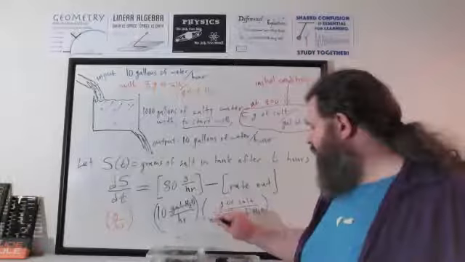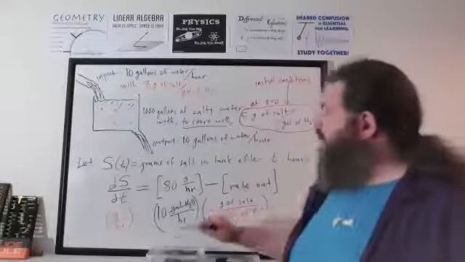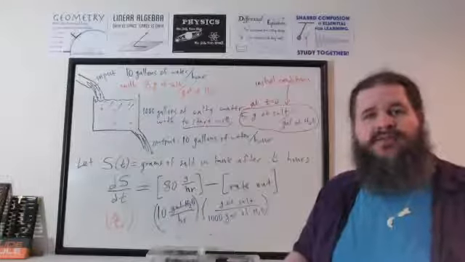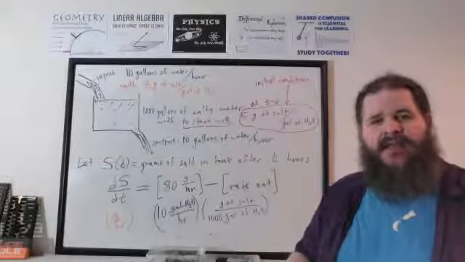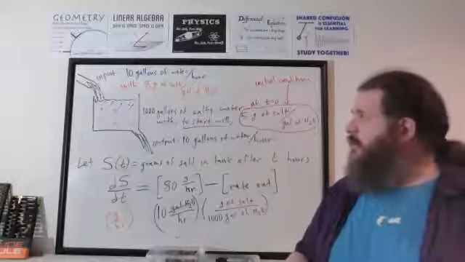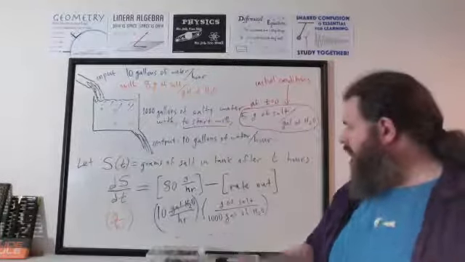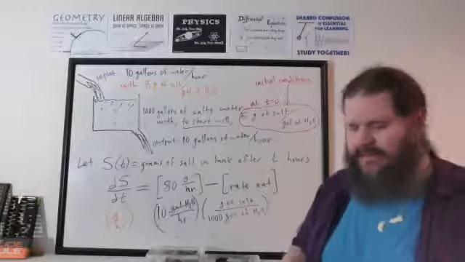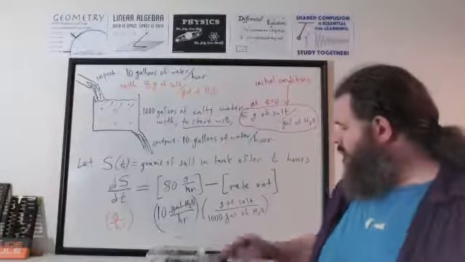Yeah, and that's going to stay 1000 because every hour 10 gallons flow in, 10 gallons flow out. So the 1000 gallons total doesn't change. If it did change, like if the inflow and outflow were not the same current, then this wouldn't be a constant. This would end up being a function of time, and that gets more complicated. But for now, that's just a constant.